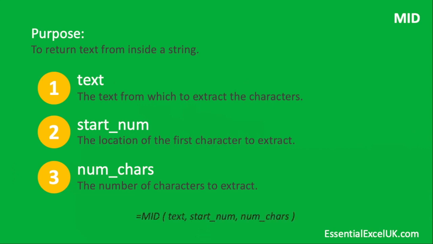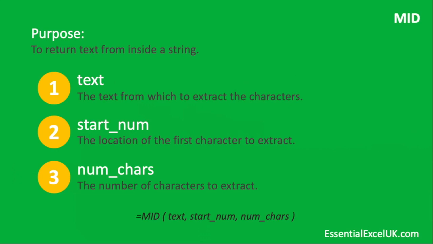And thirdly, we have a number of characters, so the number of characters to extract. And there is the formula in its entirety at the bottom there. So we've got equals mid, text, start number, and then number of characters. So this is a bit different from the first two, and there's also no optional entries here. Everything, you have to enter a value for each part of this function.